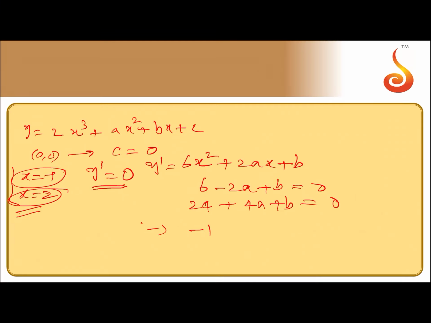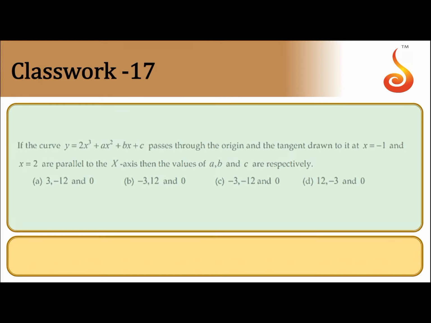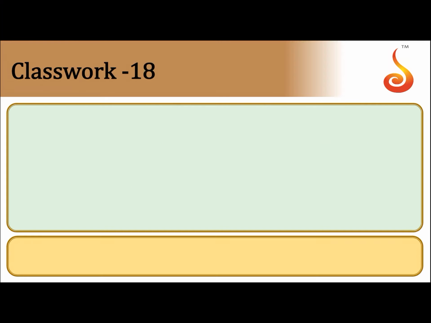Of course, subtracting both of them, minus 18 minus 6a is 0, so a is equals to minus 3. When you substitute, b is equals to, sorry, minus 12. A is equals to minus 3, b is equals to minus 12, and c is equals to 0. Option is C. The option C.